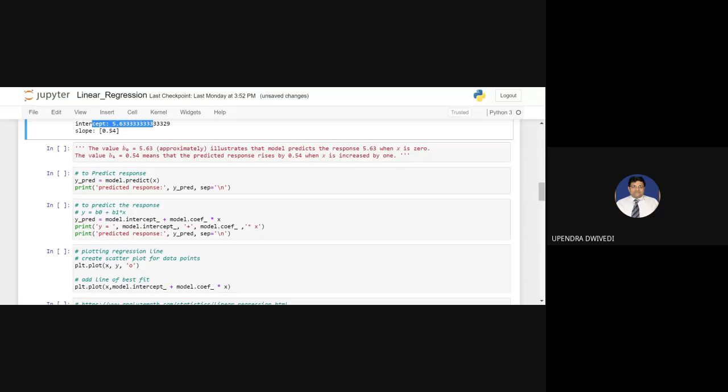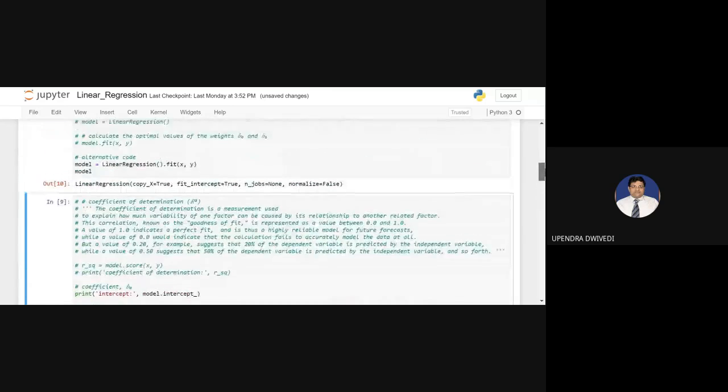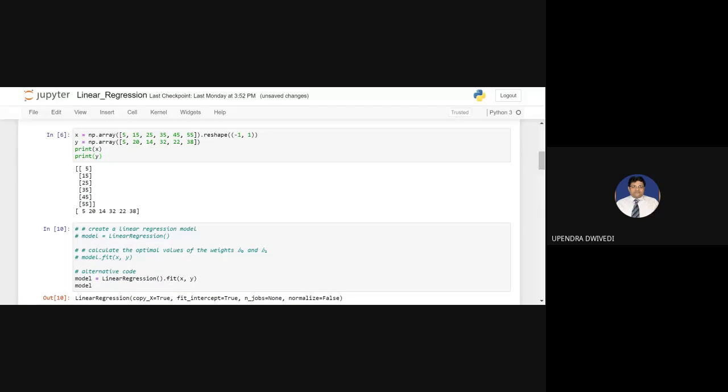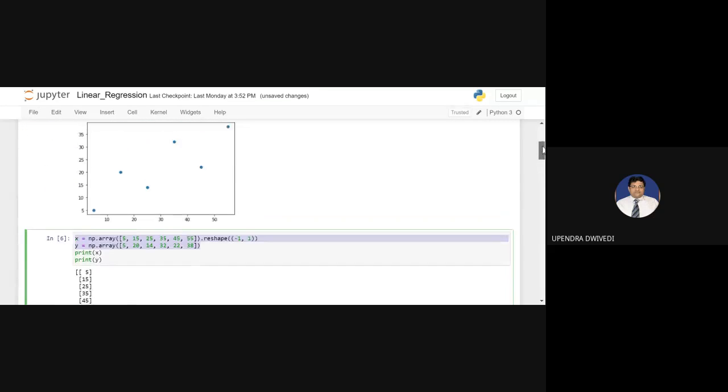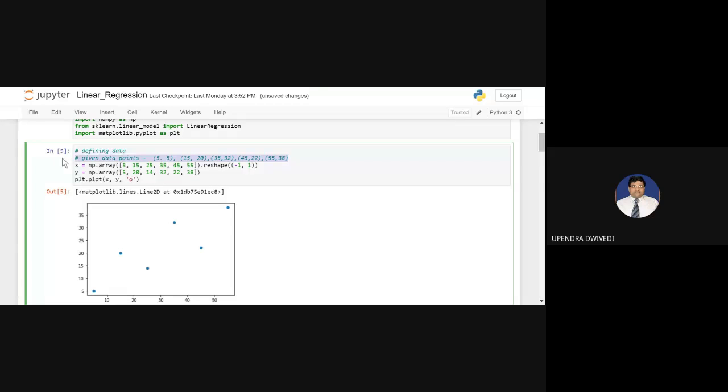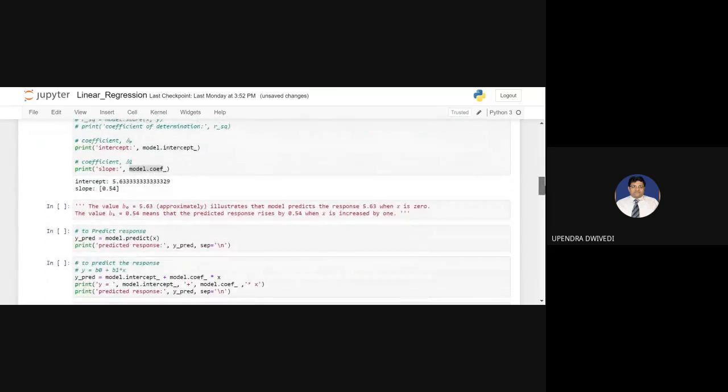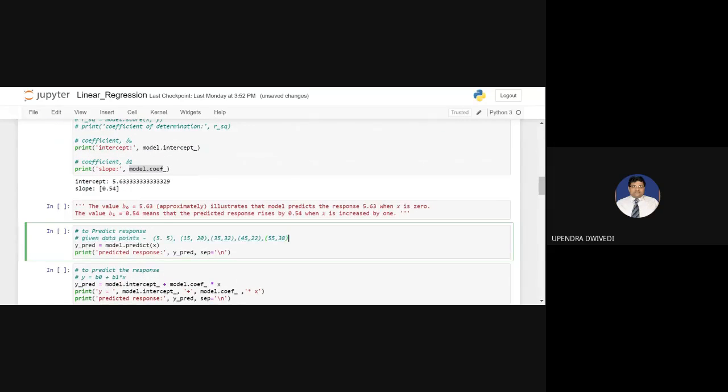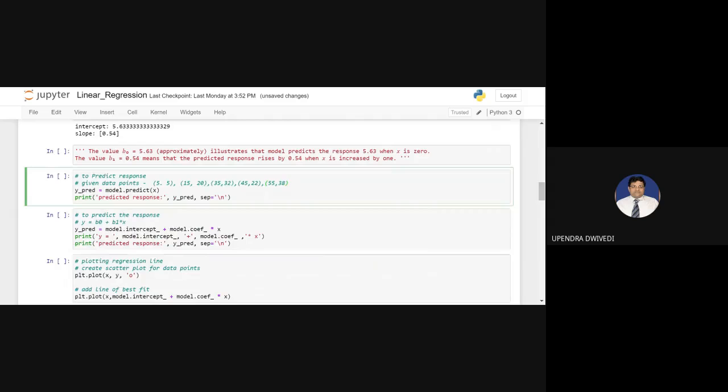Now predict any response. Let me first copy the data points. So these were our given data points. If you want to predict any value of x, you can take any value of x from here to check that your model is okay, or you can take any value that is outside of this data, and that will be represented by the y predict.